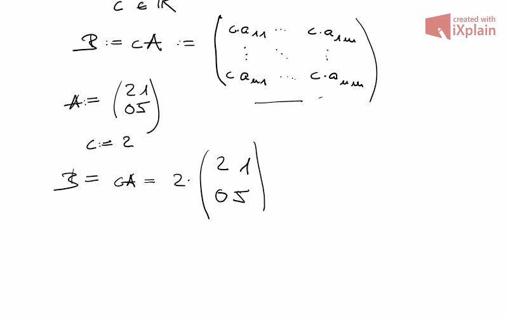And now this is the rule that we should apply. So what do we get? 4, 1, 0, 10. Exactly. So that's a scalar multiplication. That's also quite straightforward.